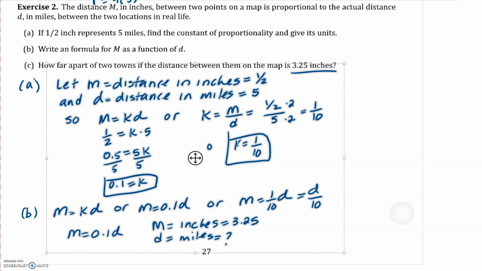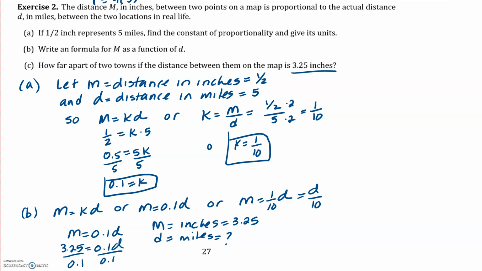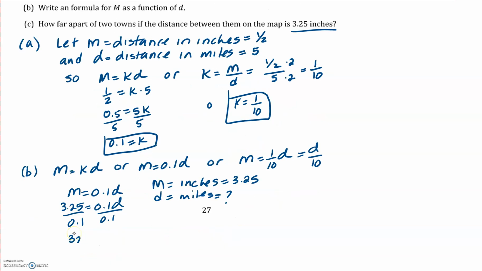So if I come here and put in 3.25 here, equals 0.1 times d, I can divide both sides by 0.1, and we get 32.5 if you did that on your calculator. So this means in miles, it's 32.5 miles away, or the distance between the two towns is 32.5 miles.